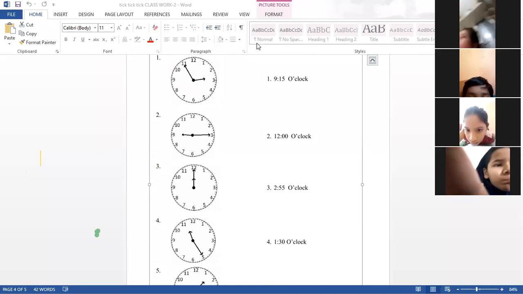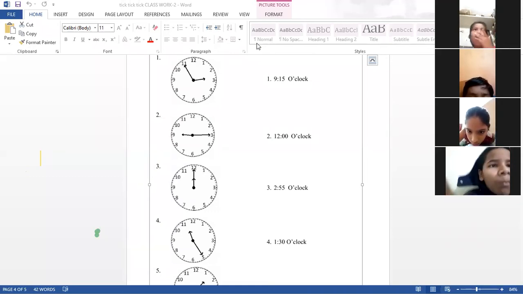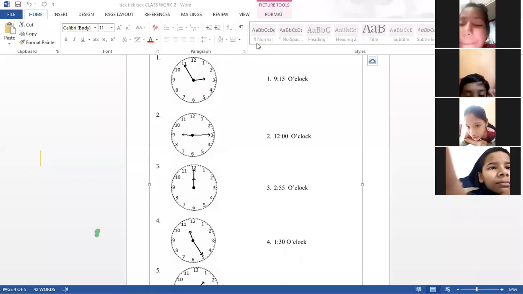It will cross 2. After 30 minutes, it will go further. It is almost 3, so it will not be at 2. It is between 2 and 3, and the hour hand between 2 and 3 is always 2 only. So 2:55 is the time. Wherever 2:55 is there, you have to match that.